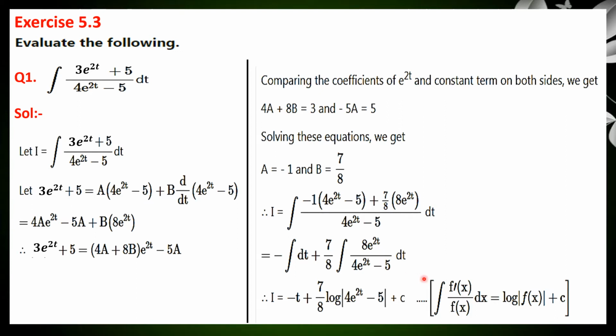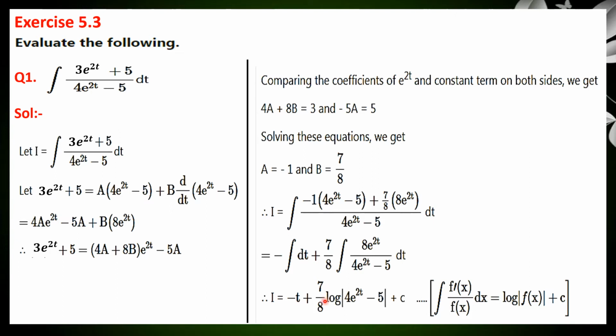So we have a formula for solving this. This part we keep as it is, that is 8 e^(2t) divided by the denominator. Now the first one, minus integral dt, is nothing but minus t.